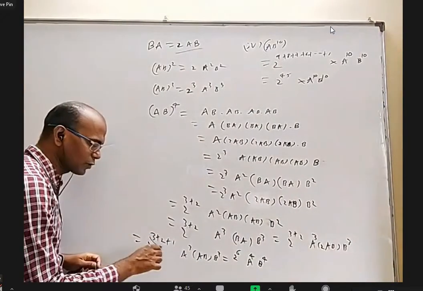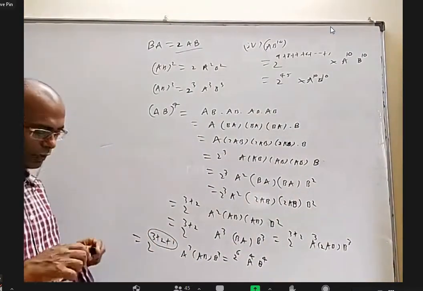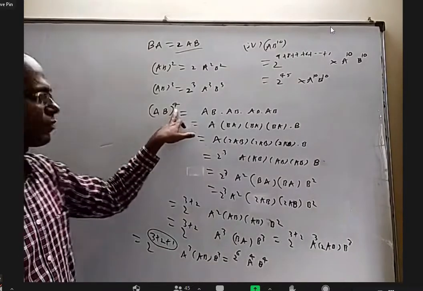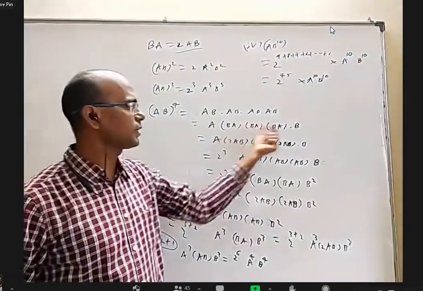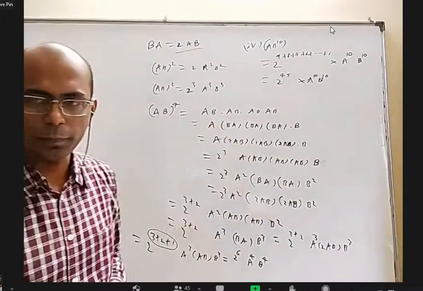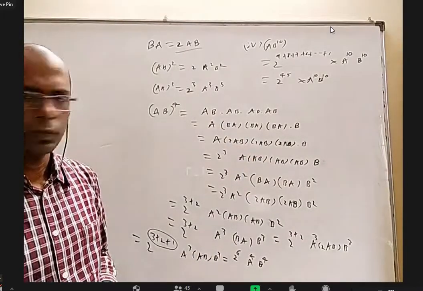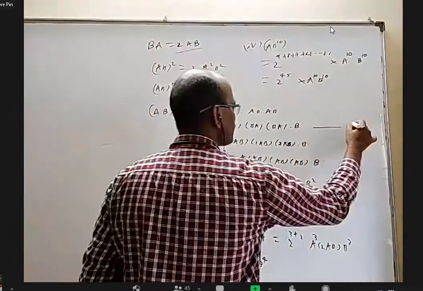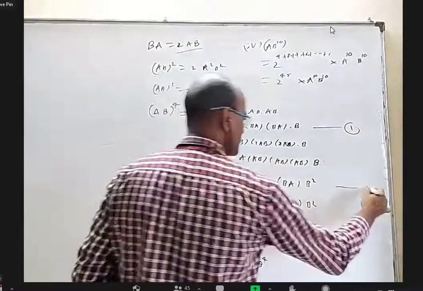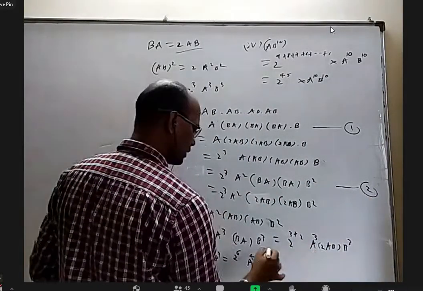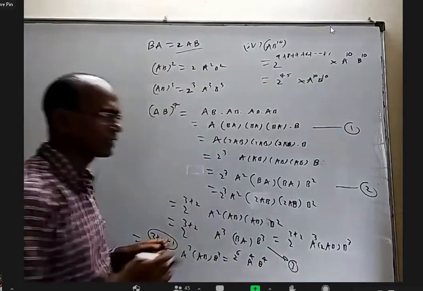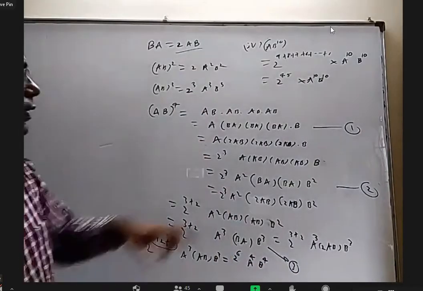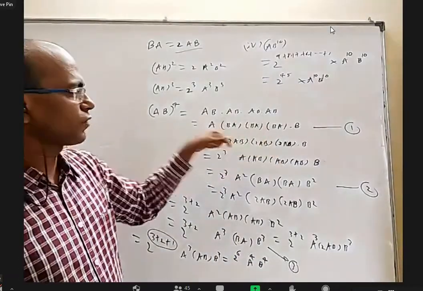Here I wrote 3 plus 2 plus 1 purposely. What I want you to see is, when I took power 4, I got BA how many times in my first step? 3 times, sir. I want to take this as the first step, this as the second step, and this as the third step. So here 3 times I use the formula 2AB.